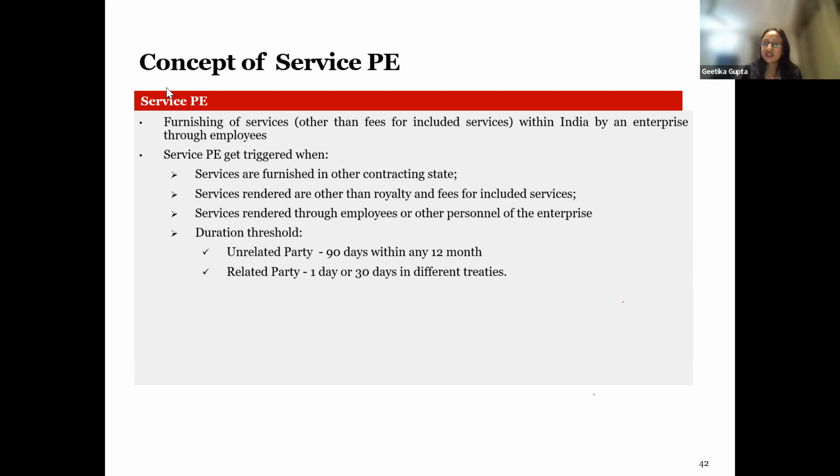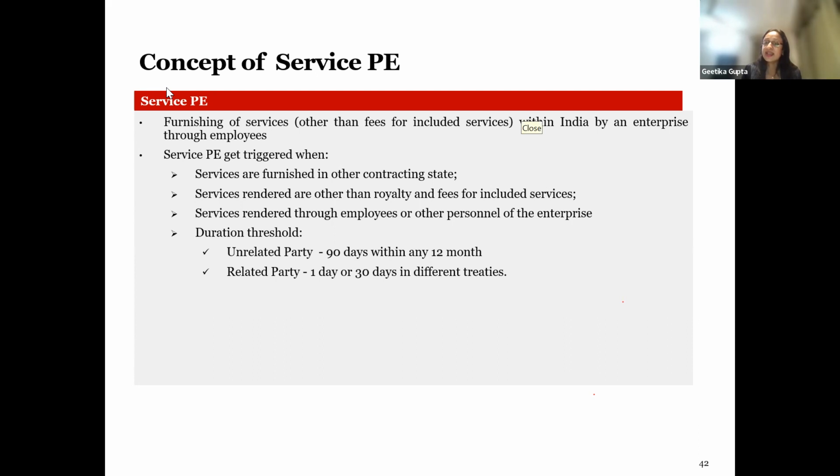So your question is, what is the need to file a tax return in India? I'll take an example. If the Indian company is making payment to a foreign company that has no PE and nothing to do with India, and the transaction is not taxable under the domestic tax law itself, then there is no requirement to file the return.